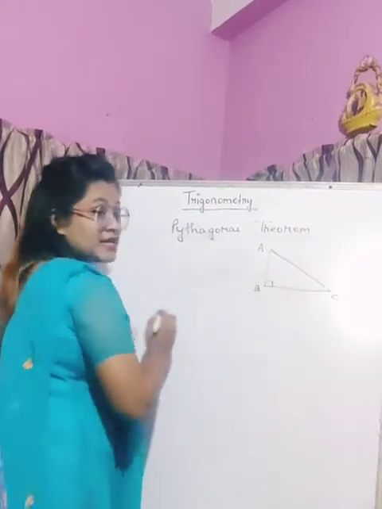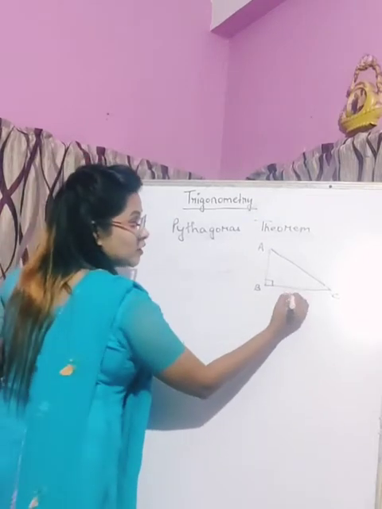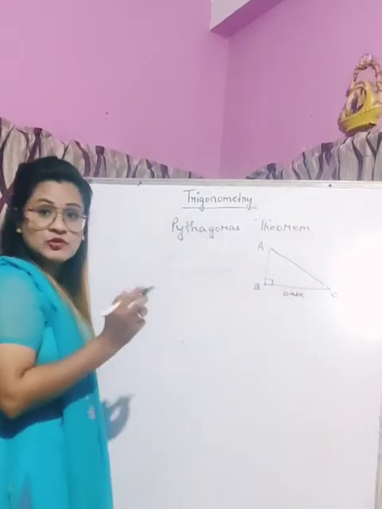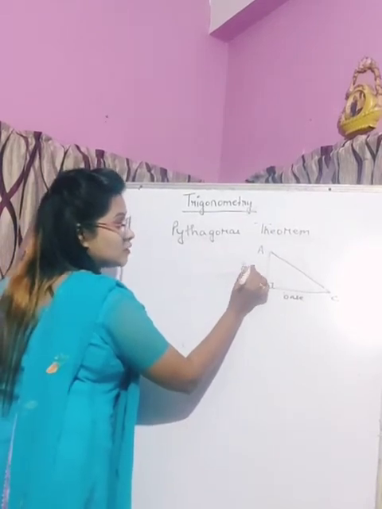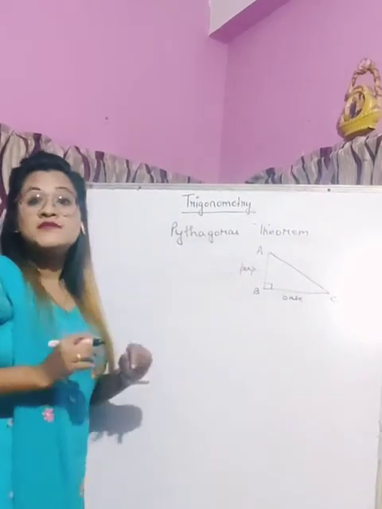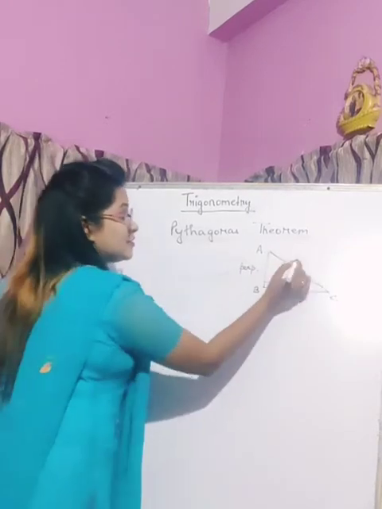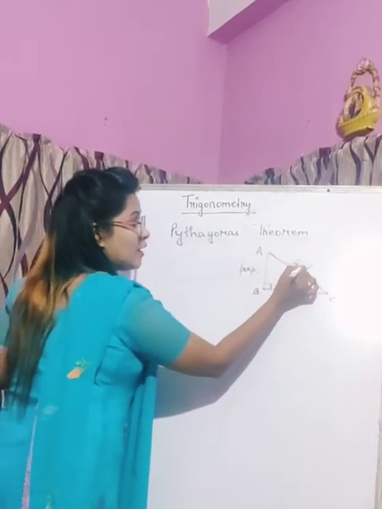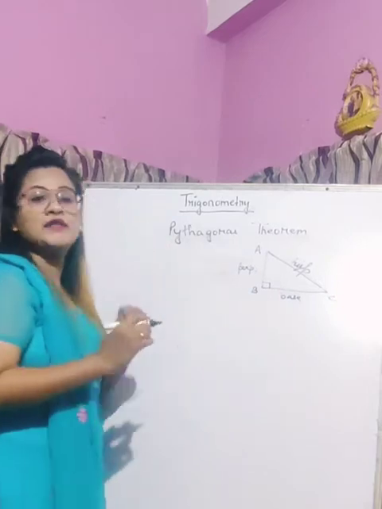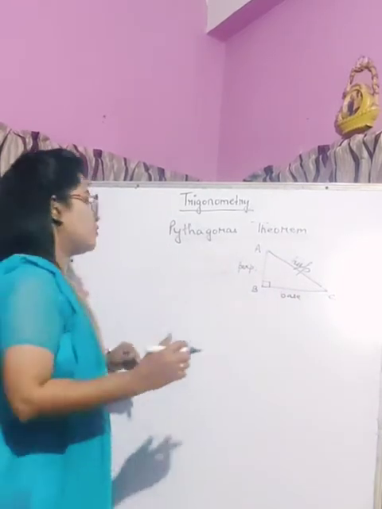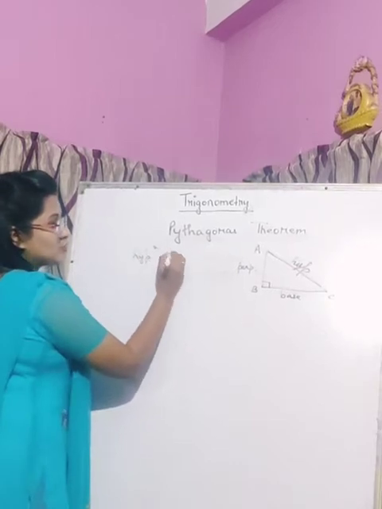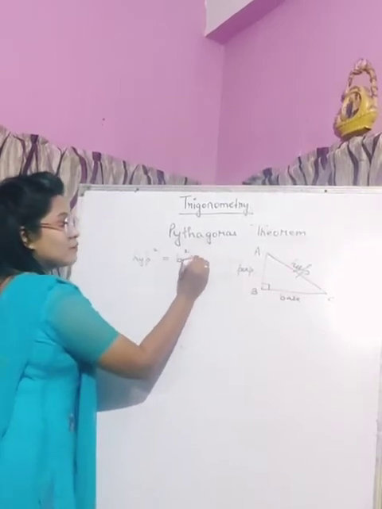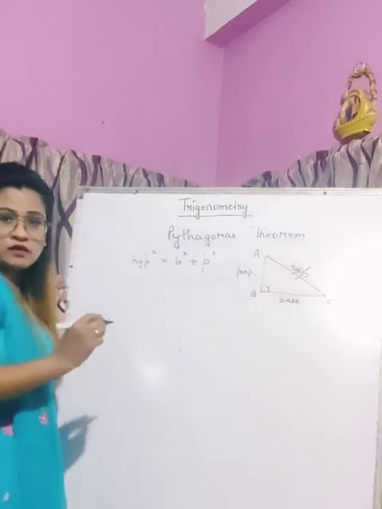Since this is 90 degrees, BC is going to be the base, and AB is going to be the perpendicular. Now the longest side of a right angle triangle is called the hypotenuse. By Pythagoras theorem, we get a formula: the hypotenuse squared is always equal to base squared plus perpendicular squared.